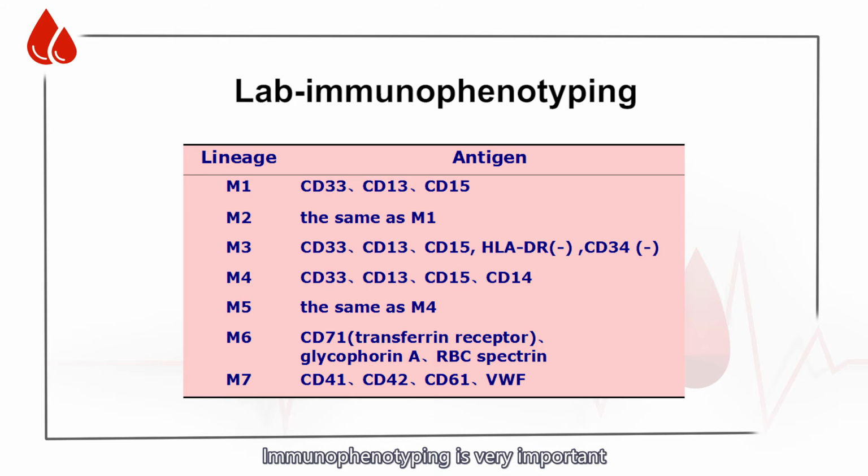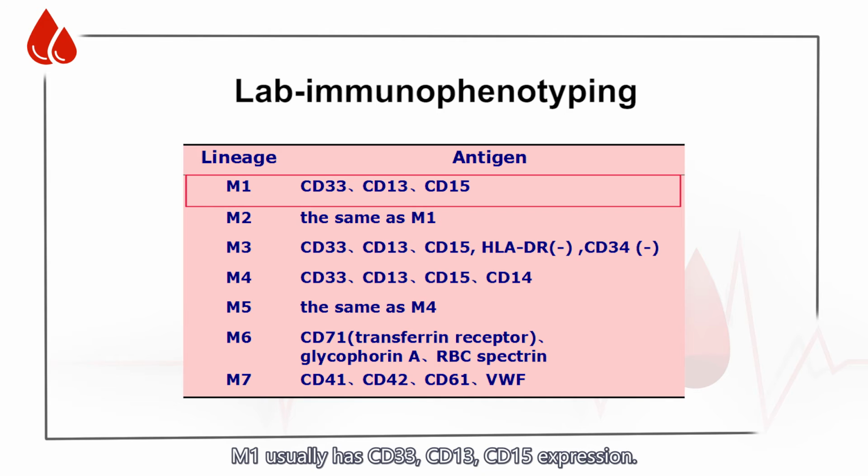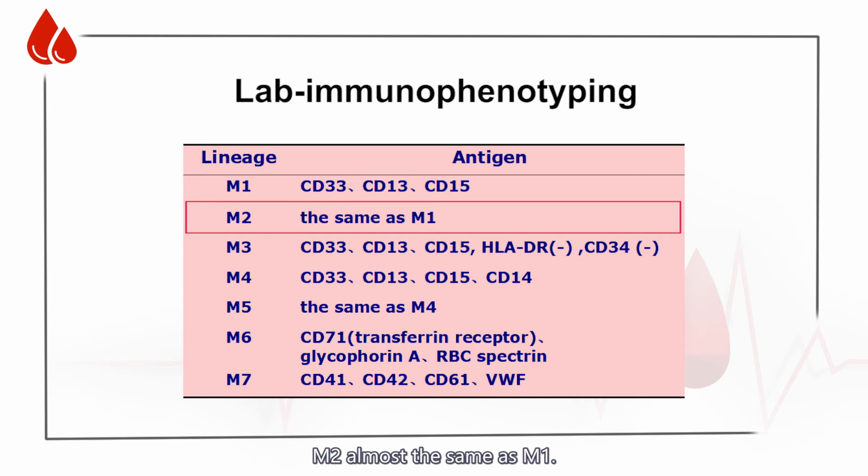Immunophenotyping is very important for determination of cell lineage involved. Each subtype has a special panel of CDs. For example, M1 usually has CD33, CD13, CD15 expression. M2 is almost the same as M1.